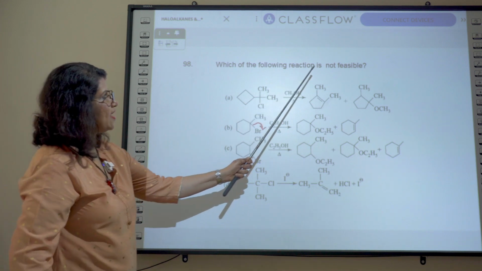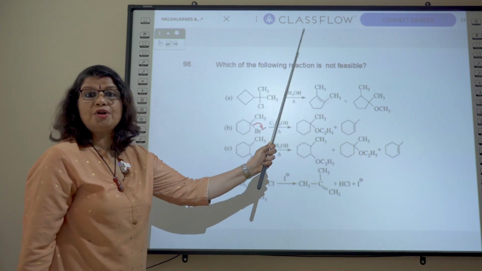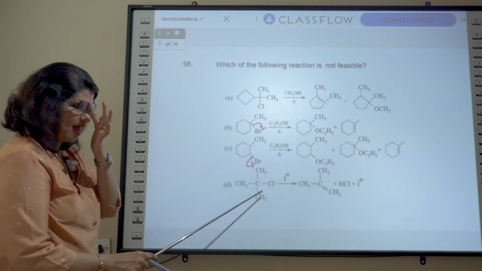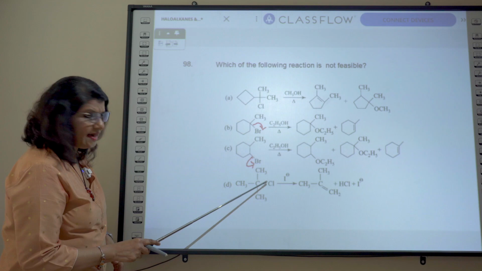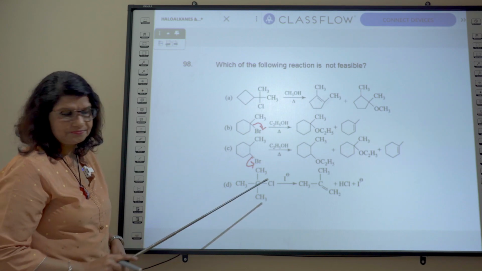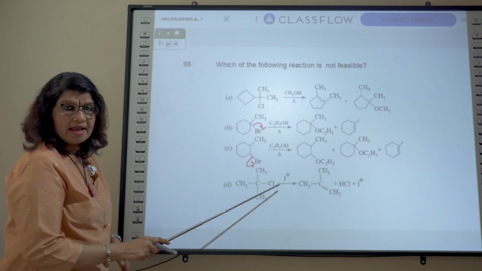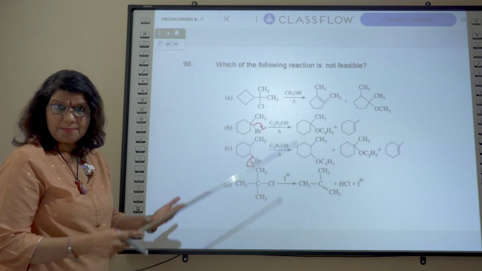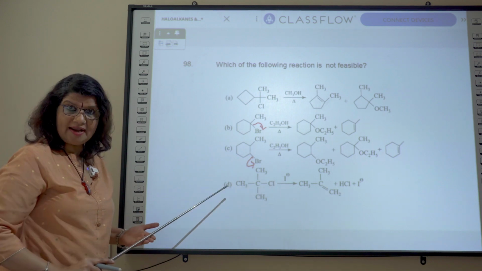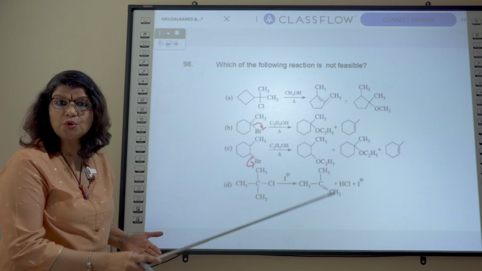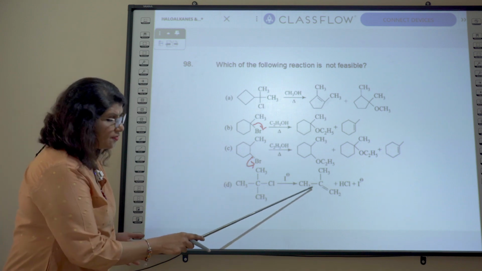We need to identify which reaction is not feasible or not possible. Look at the last reaction. First step, Cl. Now, chloride is not a very good leaving group. Iodide ion can act as a nucleophile and a base. It's a powerful nucleophile. If it is acting as a nucleophile, then you should get a substituted product. But look at the product written here.